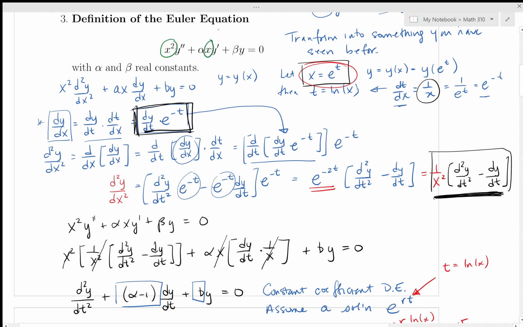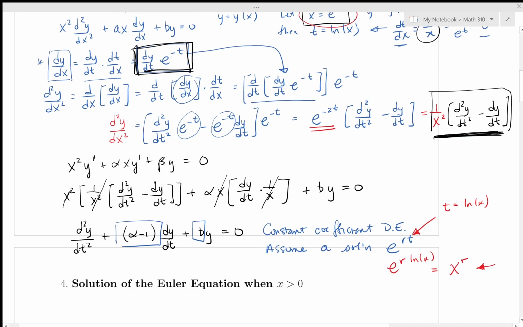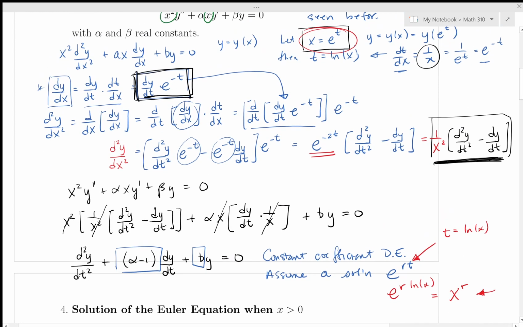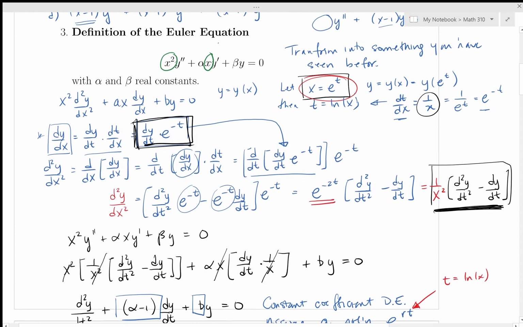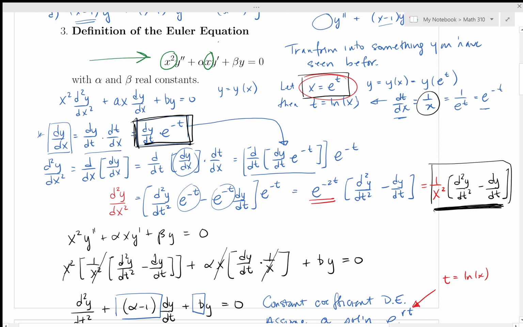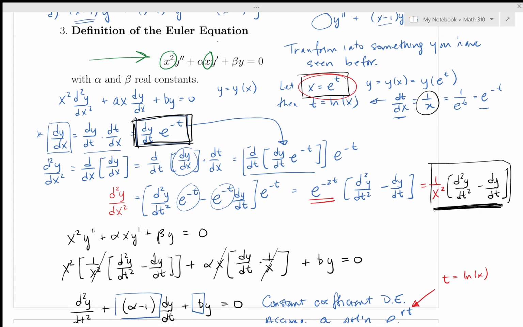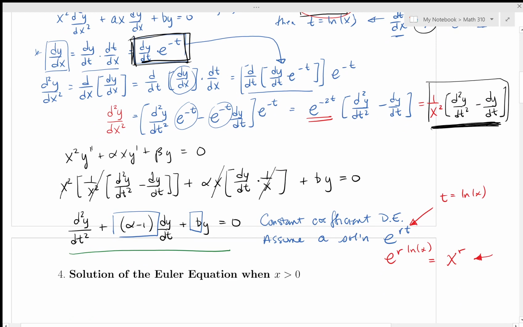I have an x squared there, and then I have an x on the y prime term. I can show you via this substitution that substituting e to the rt into this equation is the same as substituting x to the r into this equation. So it's an important thing to see. This is a valid way of solving the Euler equation.